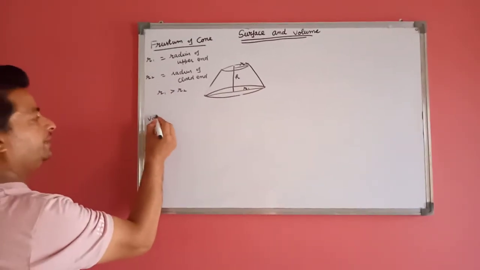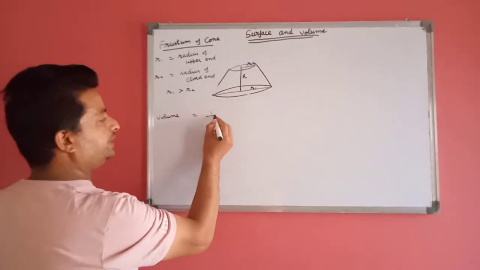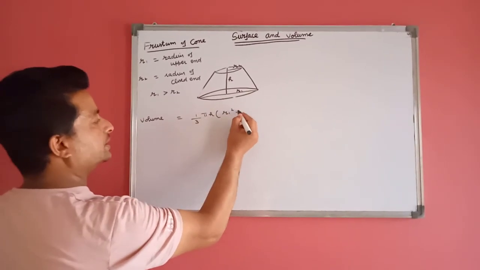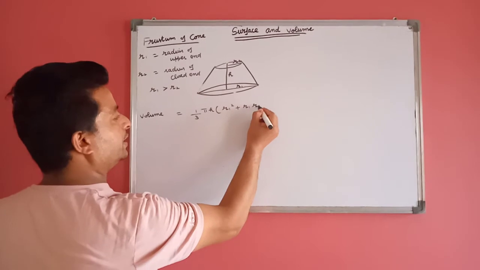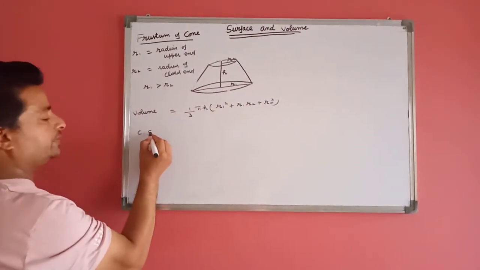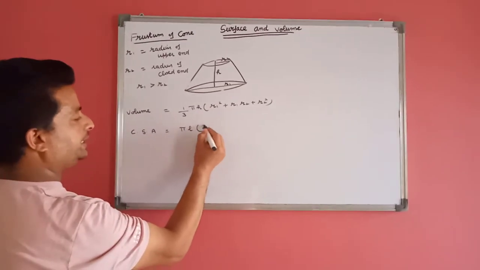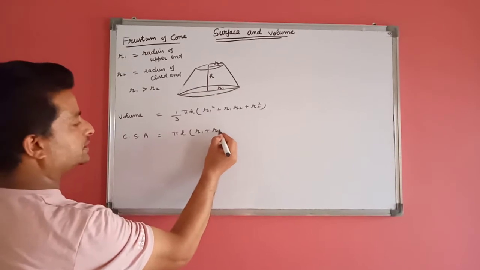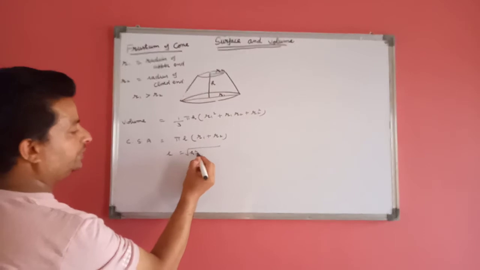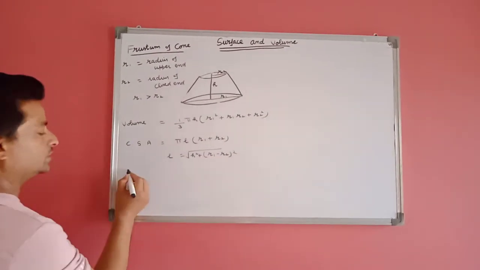First we find volume of this frustum of cone. Volume is 1/3 pi h (R1 square plus R1 R2 plus R2 square). After this, curved surface area of frustum of cone is pi L (R1 plus R2). In this, L is the slant height, which is the square root of h square plus (R1 minus R2) whole square.